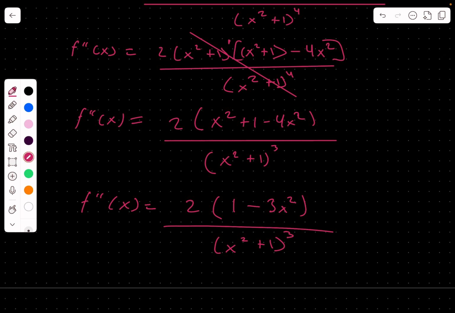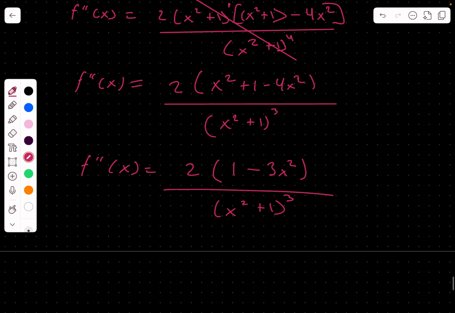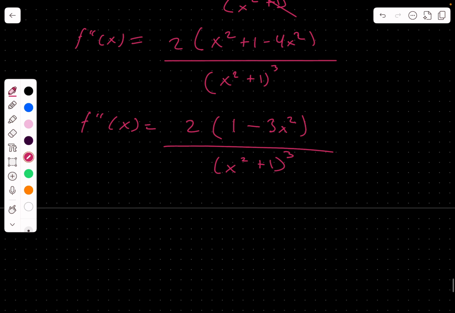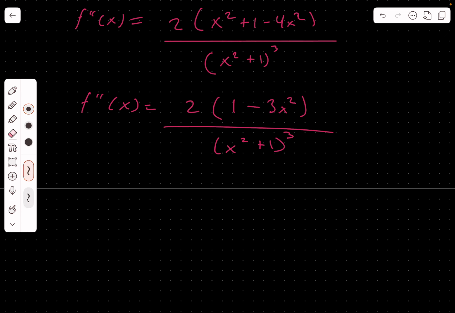Now we can set our numerator equal to 0 because, again, we cannot set the whole thing equal to 0, because then we wouldn't get an inflection point. All right? When we do this, we get 0 equals 2 times 1 minus 3x squared.